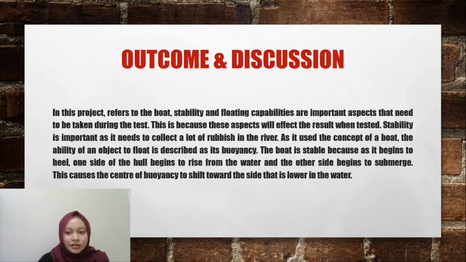As it uses the concept of a boat, the ability of an object to float is described as its buoyancy. The boat is stable because as it begins to heel, one side of the hull begins to rise from the water and the other side begins to submerge. This causes the center of buoyancy to shift toward the side that is lower in the water.